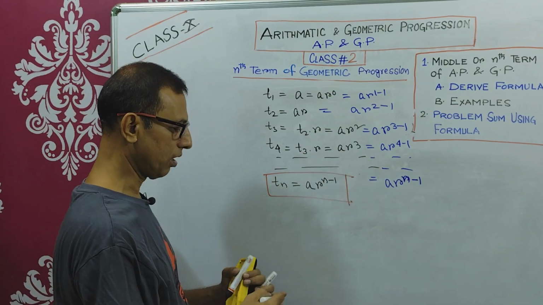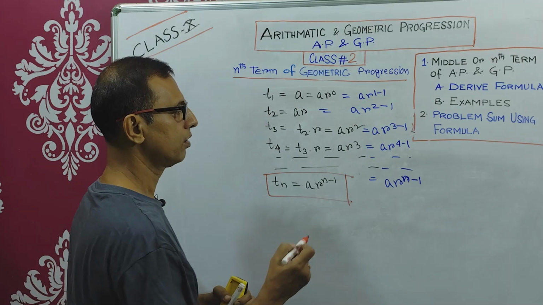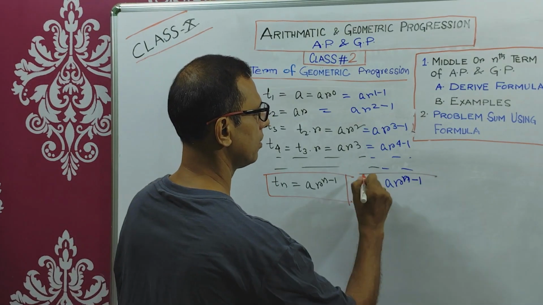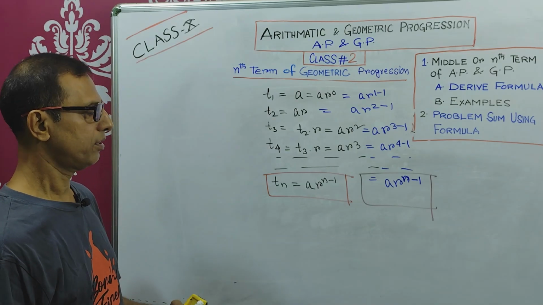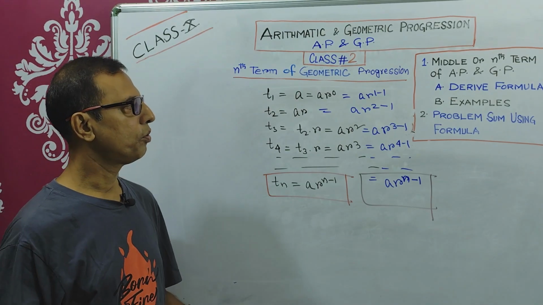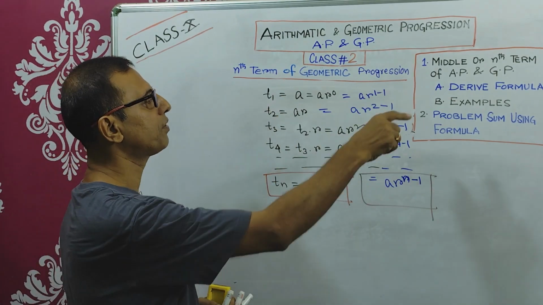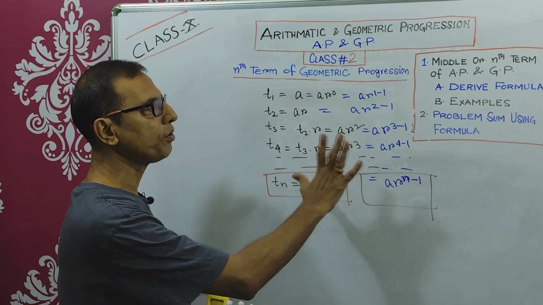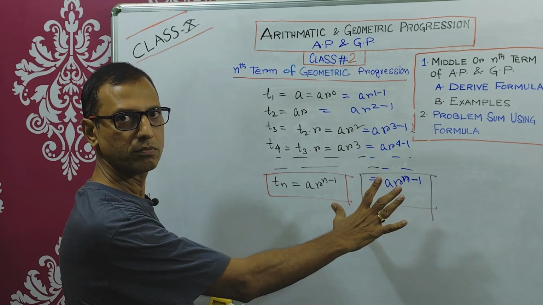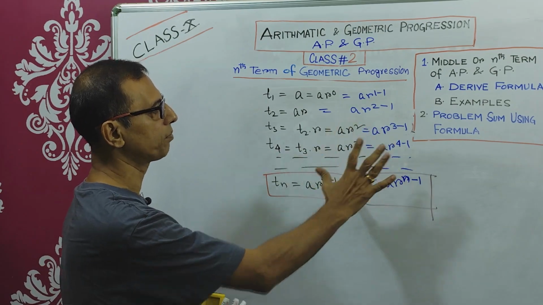But that is how the formula actually comes, right? So this is how you need to derive the formula, and I have already shown you why you need the formula. Right, now I will come to a few examples.